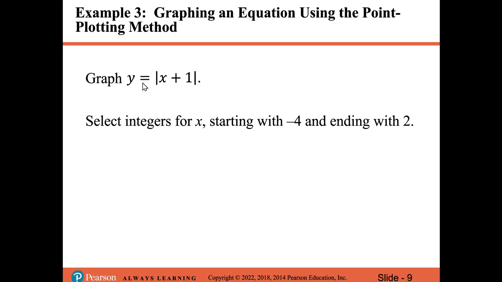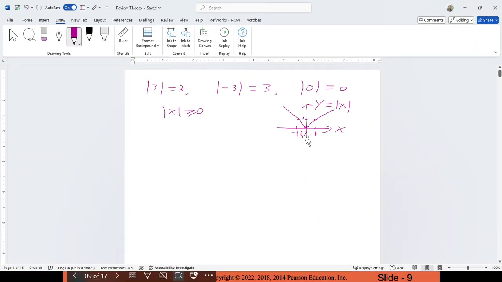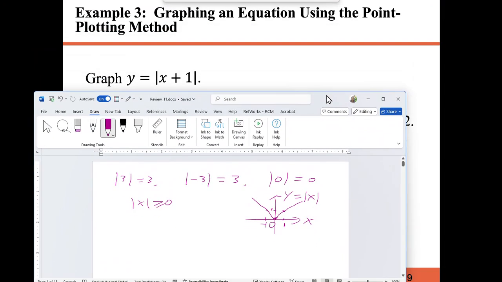And then you have y equal to absolute value of x plus 1. That means this graph is similar to this one, okay? But when you have an absolute value of x plus 1, that means moving to the left for 1 unit. So I have an absolute value of x, and this is moving to the left for 1 unit.